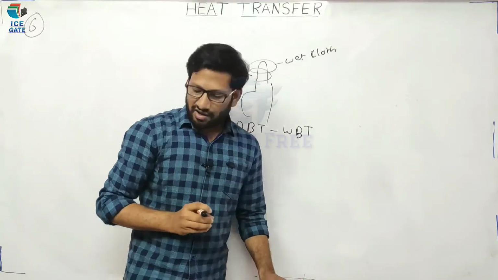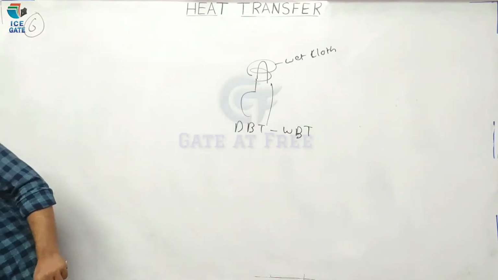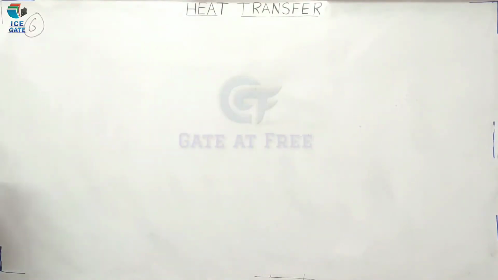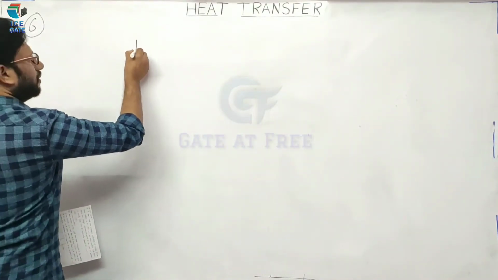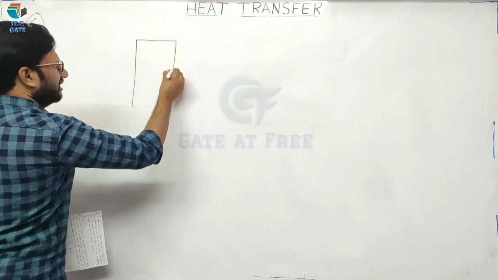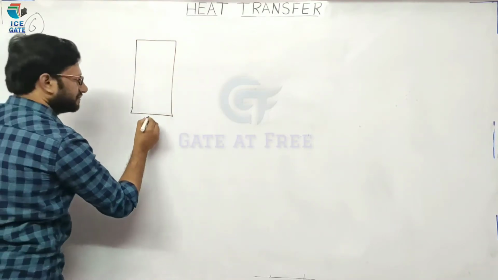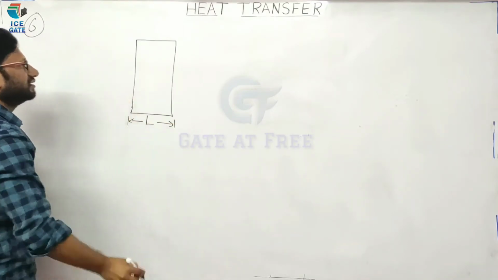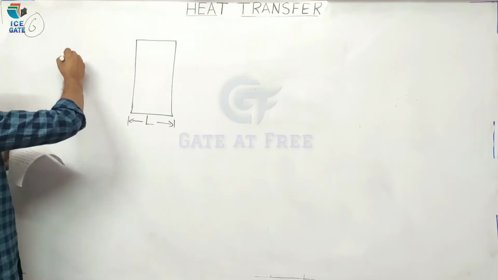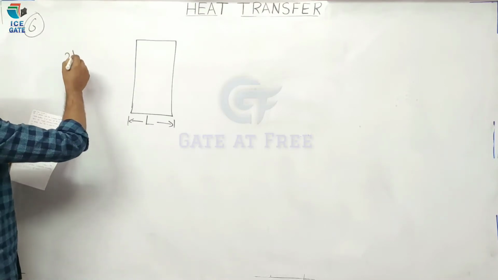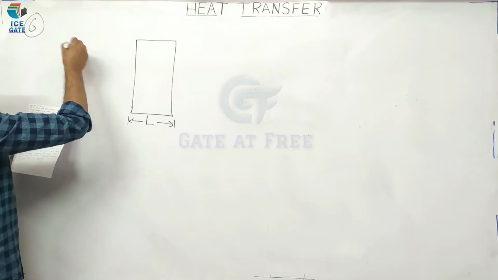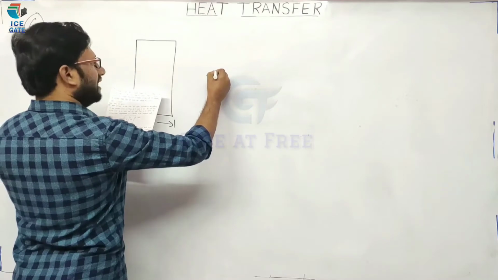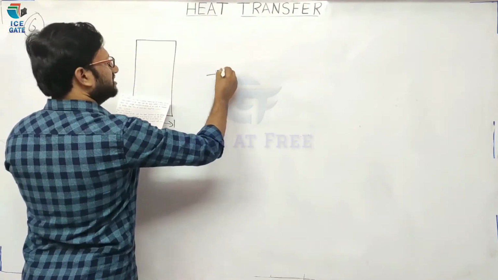Now draw the layout of the wall of the building. Let us say this is the thickness of the wall. Inside room temperature is 21 degrees centigrade and outside temperature is minus 23 degrees centigrade.